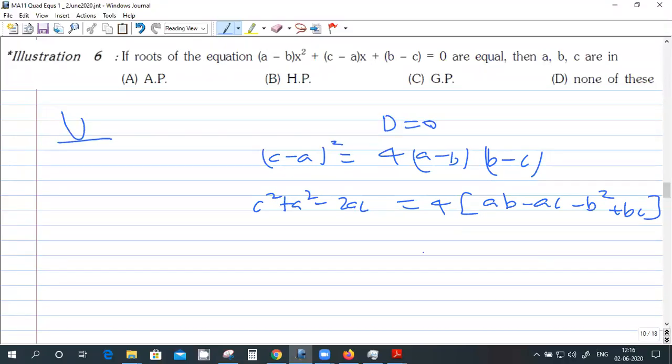So this is minus 4AC. C square plus B square.